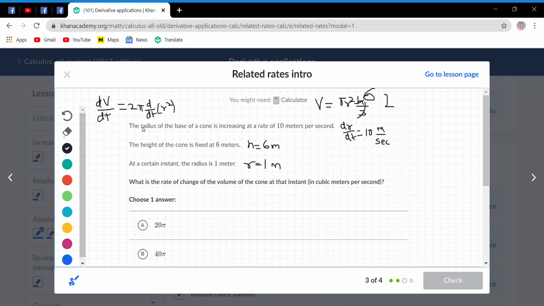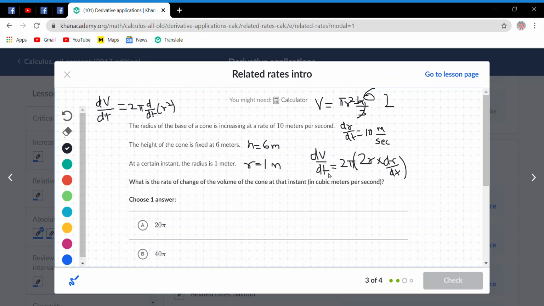So dV over dt is equal to 2 pi times the derivative of r squared with respect to r, which is 2r, let me put these in brackets, times the derivative of r with respect to time, which is dr over dt.